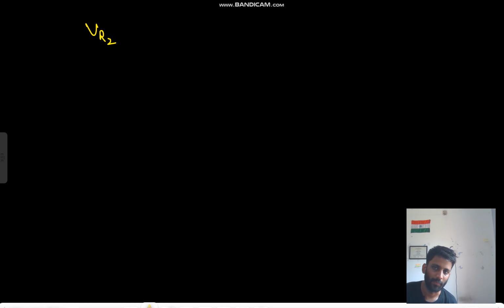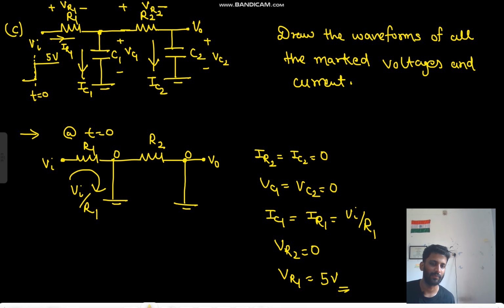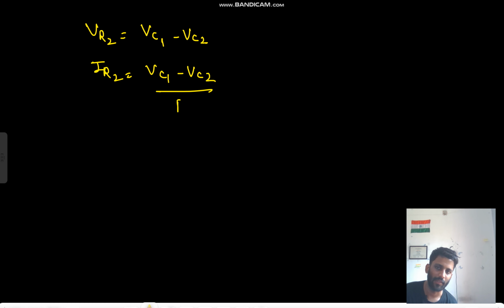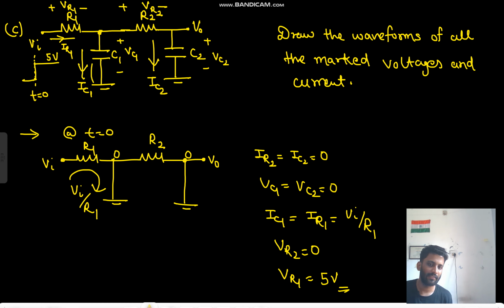What is your VR2? VR2 is VC1 minus VC2. What will be IR2? IR2 will be VC1 minus VC2 upon R2. VC1 is higher than VC2. Why so? Because only if C1 is getting charged, then VC2 is getting charged.